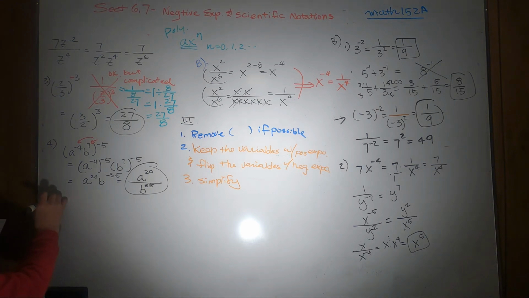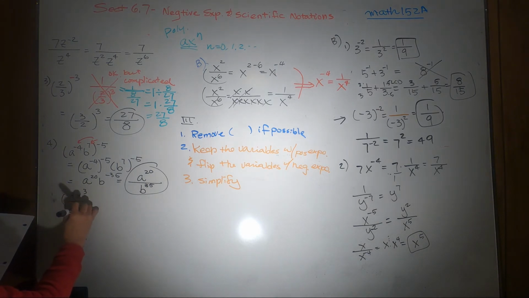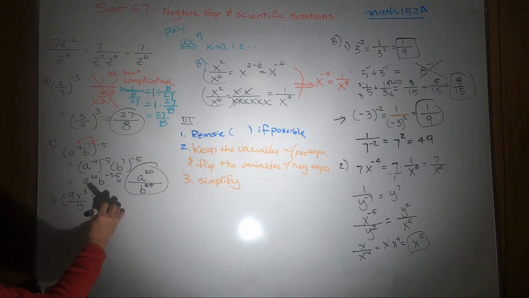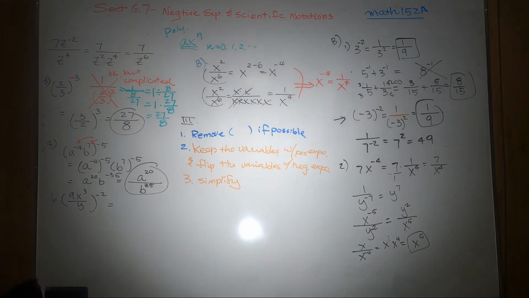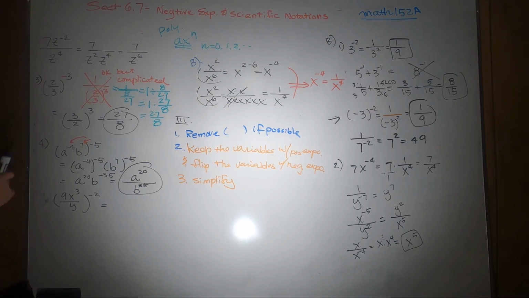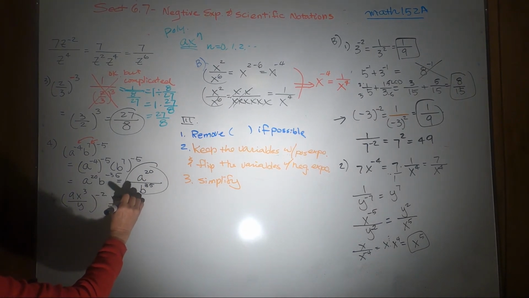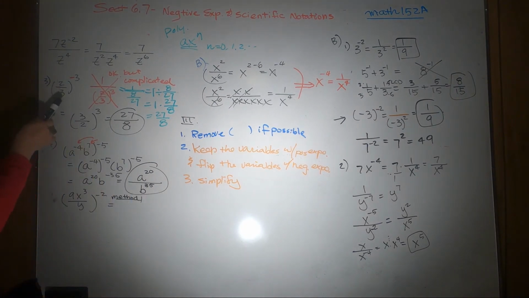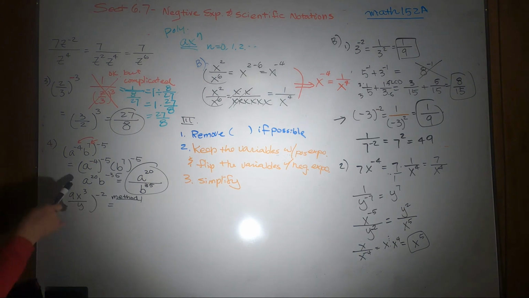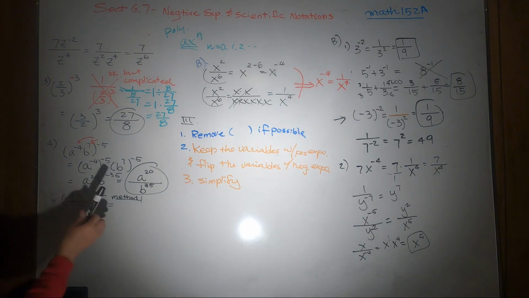All right, next one. So we have this one, 9x cubed over y, all to the -2 power. Right? There are many ways. Method 1: we can do it because it's a reciprocal. Because it's a fraction, we can just flip.